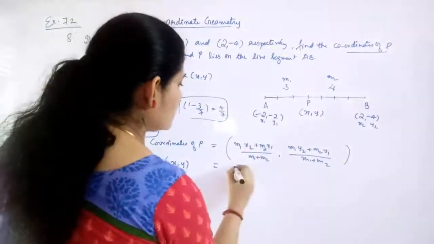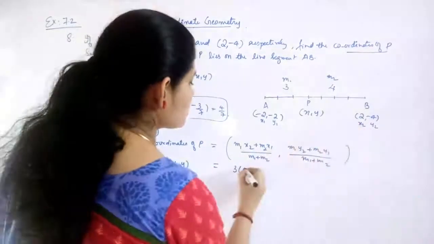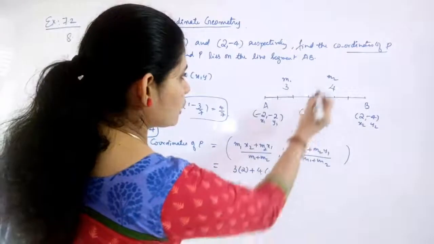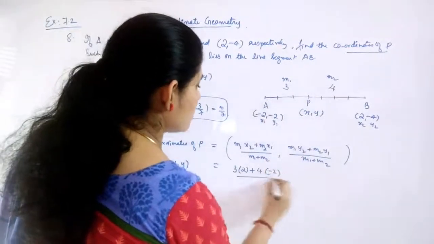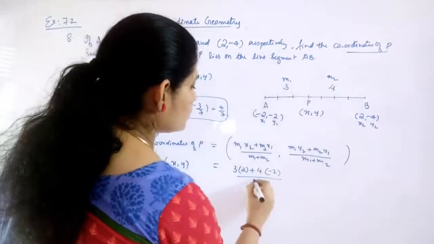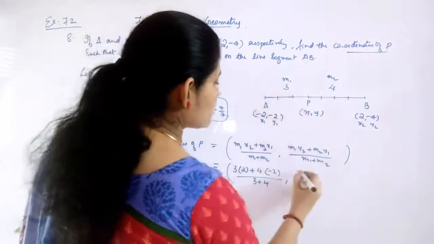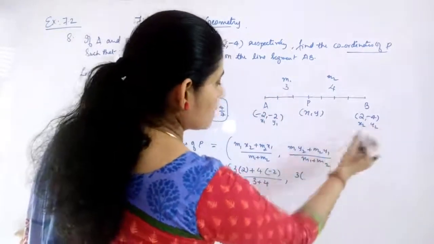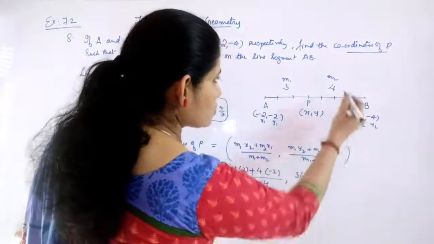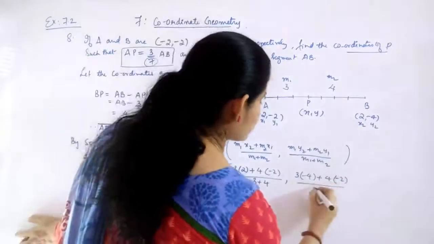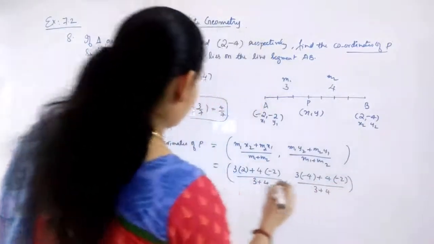So m1 is 3, so 3 into x2, which is 2, plus m2 is 4, 4 into x1 which is minus 2, divided by m1 plus m2, which is 3 plus 4, that is 7, comma here again m1 is 3 into y2 which is minus 4 plus m2 is 4 into y1 which is minus 2, divided by 3 plus 4.